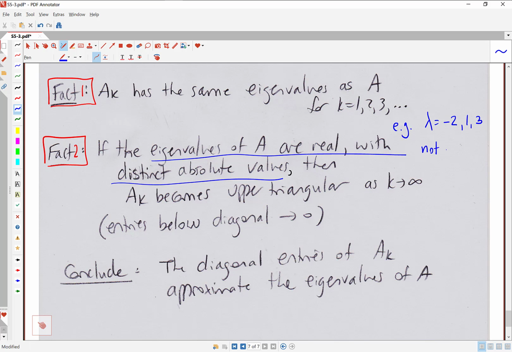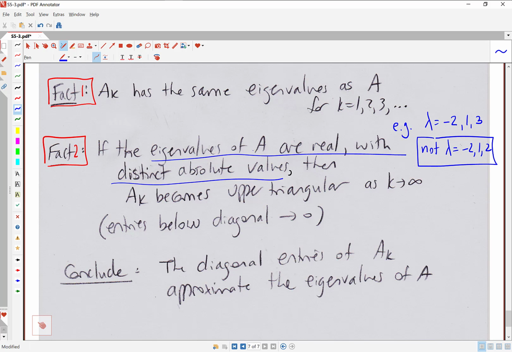This would not work for something like lambda equal -2, 1, 2, as the absolute values are not distinct, right? So -2 and 2 have the same absolute value. For this matrix, the QR factorization process for approximating the eigenvalues would not work well. But if you think of all the large matrices out there and make a random choice of matrix, most of the time your eigenvalues will have distinct absolute values. So this process is pretty useful for the majority of matrices.